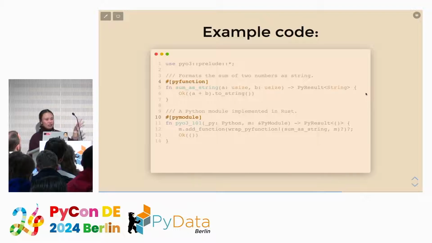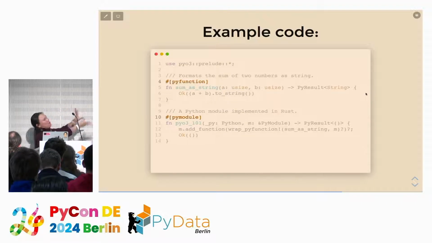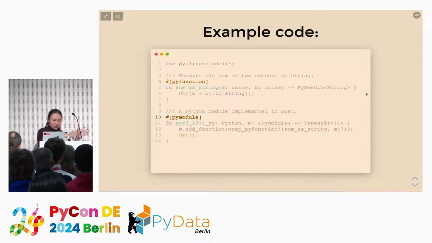It takes the function that you write after it as an input, and generates something to replace it and make it work with PyO3, so that your Python interface and your Python function can call it, OK? That's why we need them. Again, I'm not going to dive into the detail. Just understand that we need these two to work.